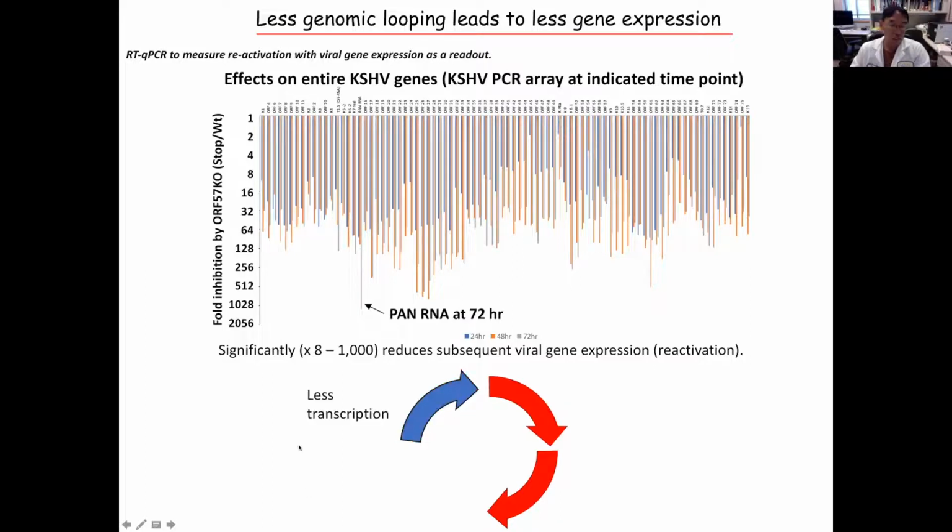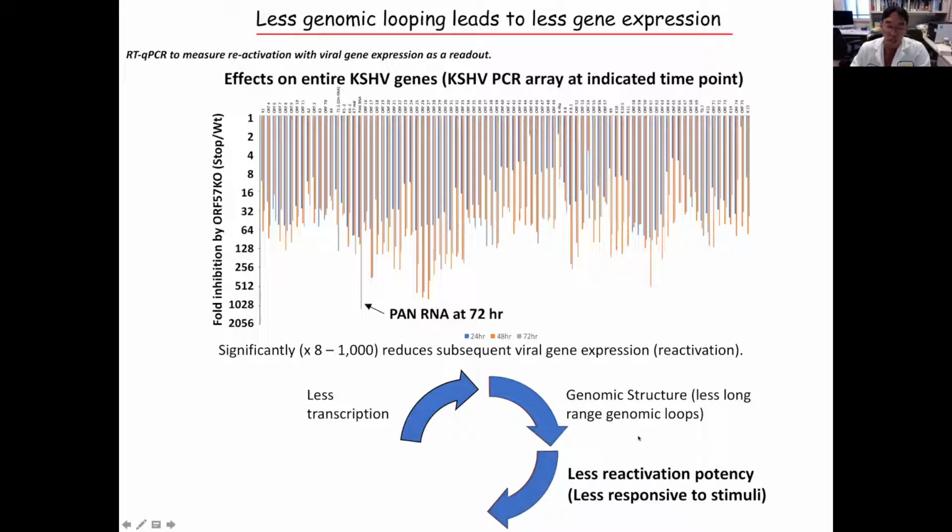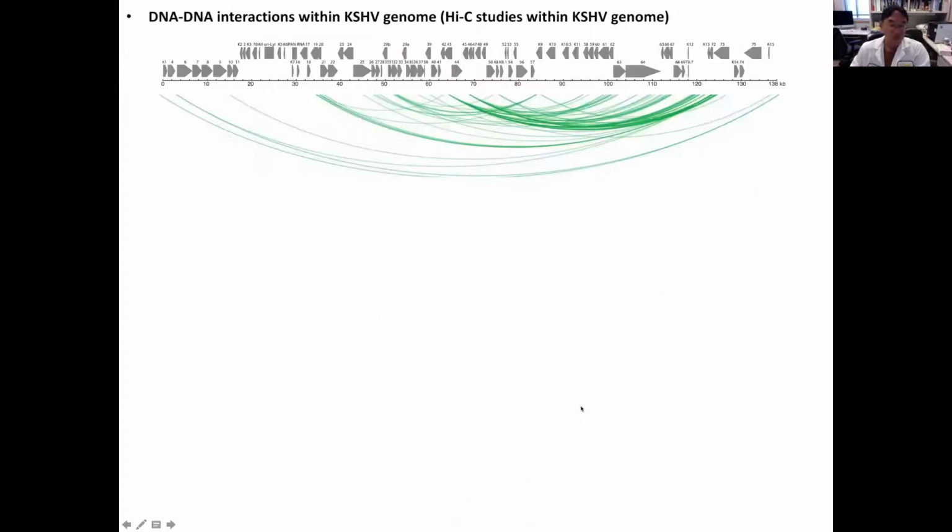So this tells us that less transcription leads to less genomic structure, less long-range genomic grouping in the latently infected chromatin, and then less reactivation potency. Less genomic grouping leads to less gene expression and then abortive infection. So that covers the genomic interaction within the KSHV genome.